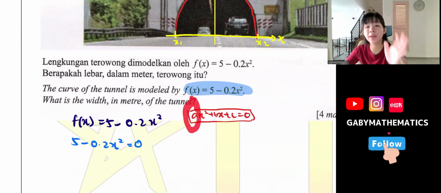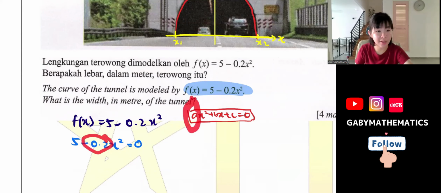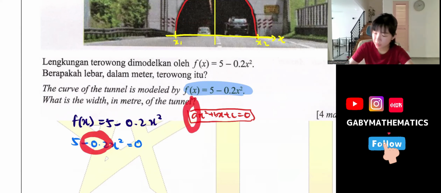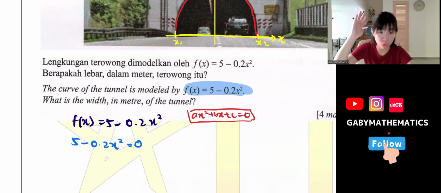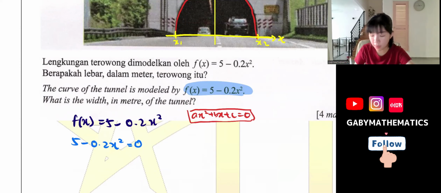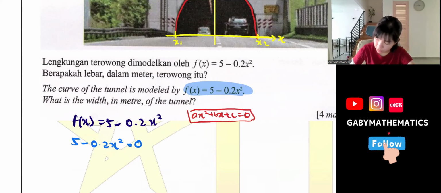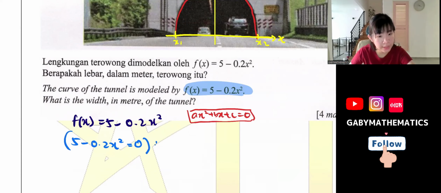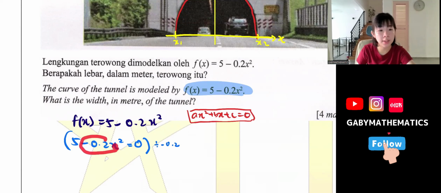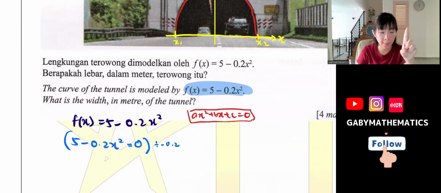We always want x² positive, but now x² is negative 0.2. I want it positive and also a whole number, but now it's 0.2. So the whole equation is divided by negative 0.2, so that this number becomes positive 1, a whole number.